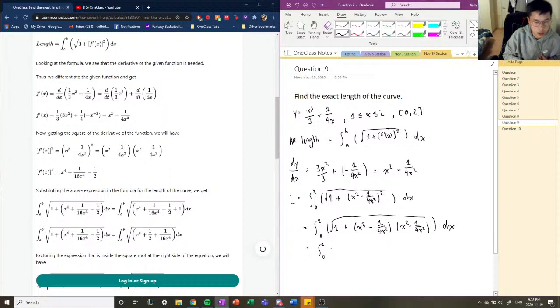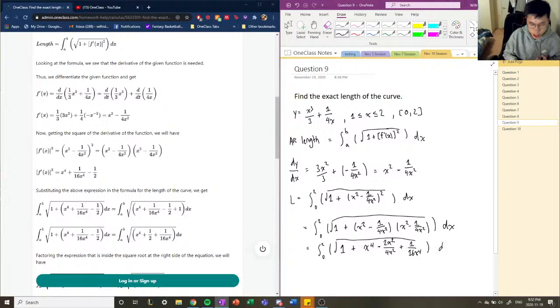This is going to be 1 plus x to the power of 4 minus, so x squared times this, minus 2 x squared over 4x squared, plus 1 over 16x to the power of 4, all under one big square root.